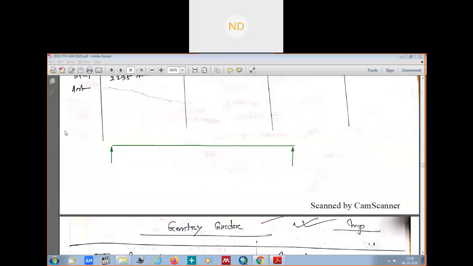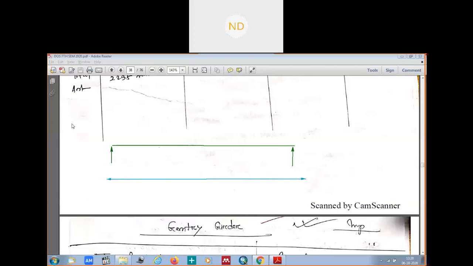We have Rb. This is your span of the gantry girder here.